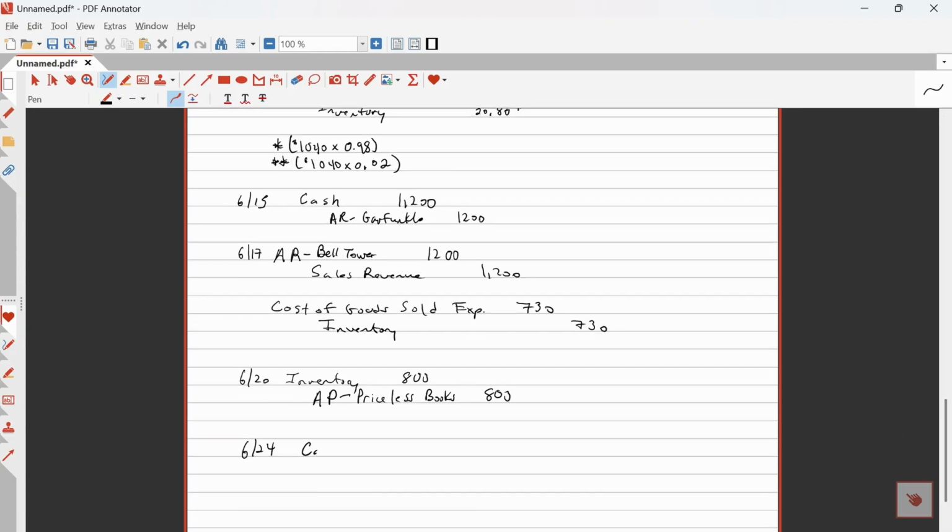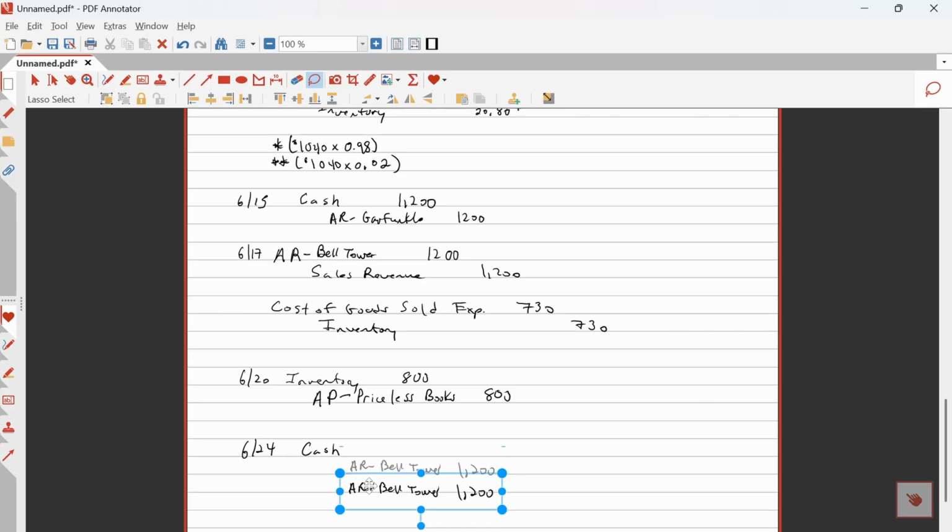So we're definitely going to debit cash. That's what Bell Tower owes us, but Bell Tower does not have to pay us $1,200. We're going to debit cash for what we end up receiving from them, which won't be $1,200. We're going to credit accounts receivable for $1,200 because they're satisfying the complete account.